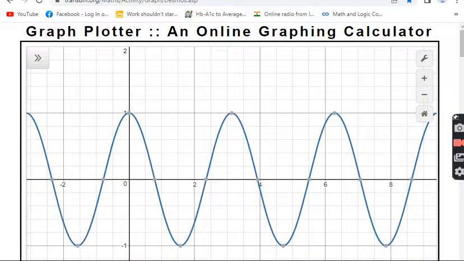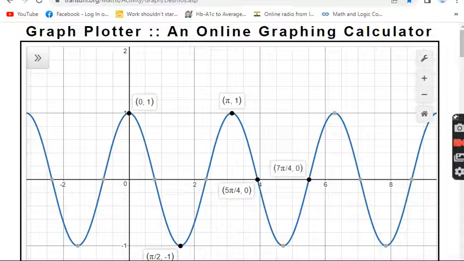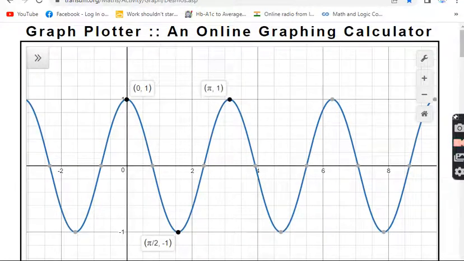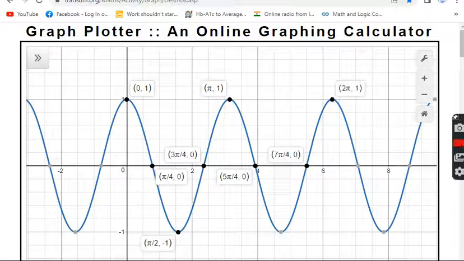This is the first point, second, third, fourth, fifth, sixth. Now focus only on these points because our domain is from 0 to 2 pi.